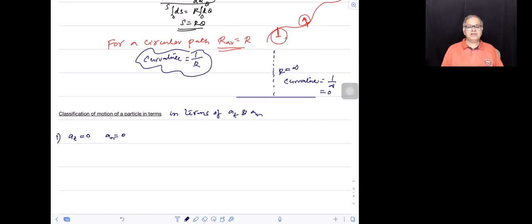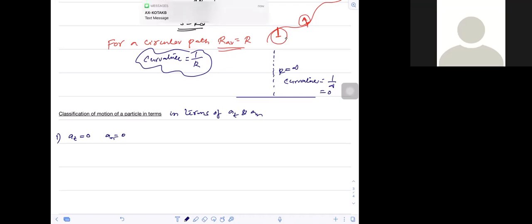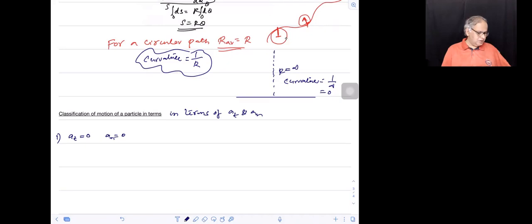If you're able to answer this, I can say that you've been following my lesson. Yes, a particle is moving with uniform velocity in a straight line.